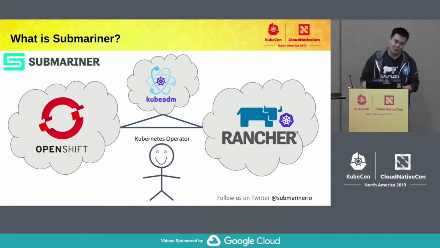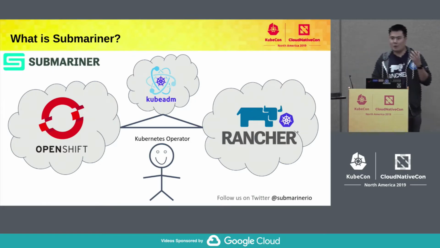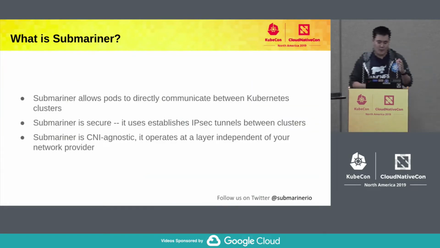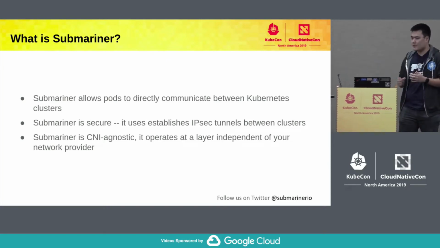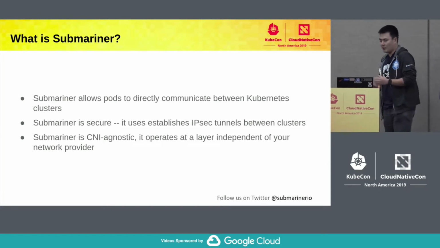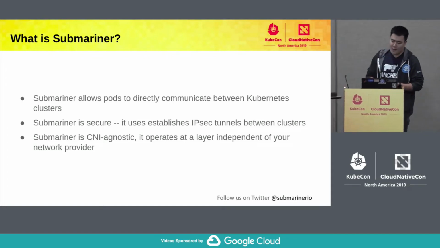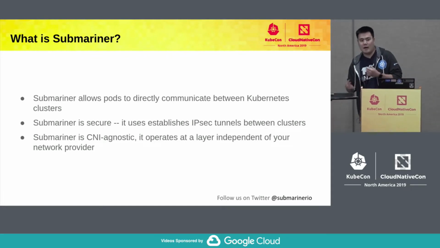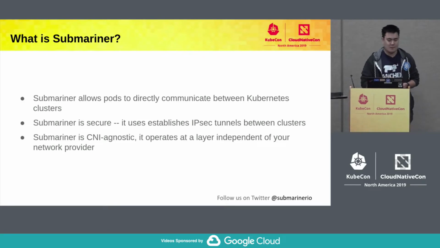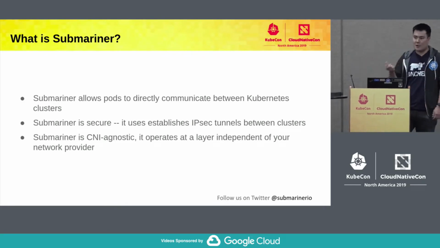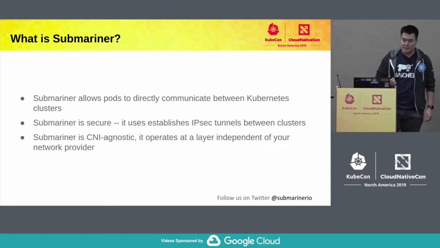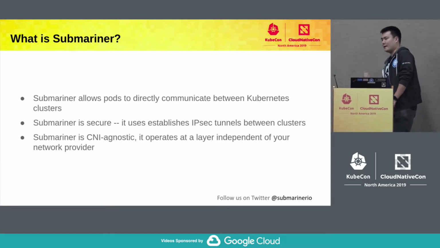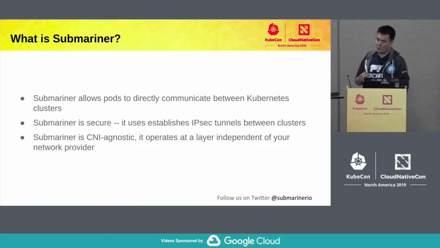I know it's a pretty bad graphical depiction of what this does, but we can actually talk about, using text here, what Submariner does. Submariner really is going to allow your pods to directly communicate between your Kubernetes clusters. It's secure: the current implementation today uses IPsec tunnels, so it will establish IPsec tunnels between your Kubernetes clusters. It's also CNI agnostic, so it's operating at a layer independent of most network providers.